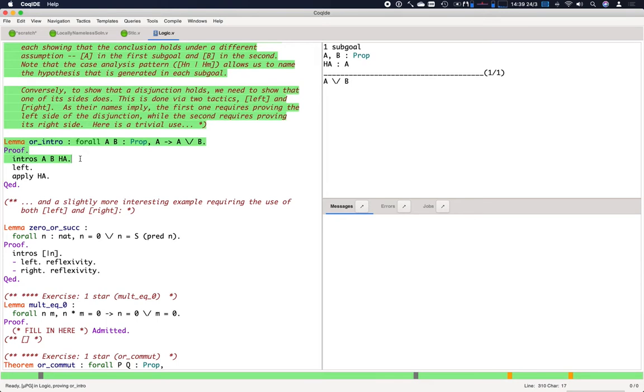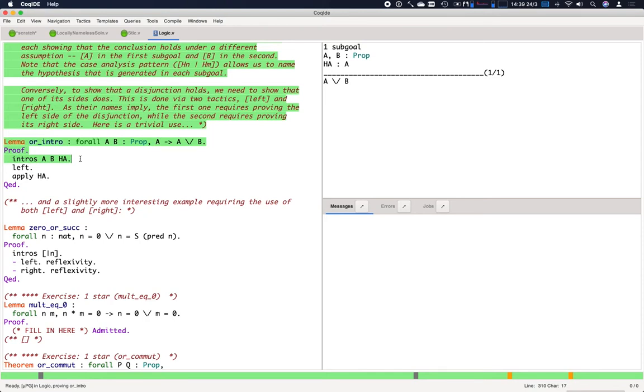Now, at this point, we have an OR as the goal. In the AND case, we would split at this point, right? But we can't split at this point because we don't have an AND. But we can say that we're going to go about proving this by focusing on the left side of the disjunction, or the right side if that was better.